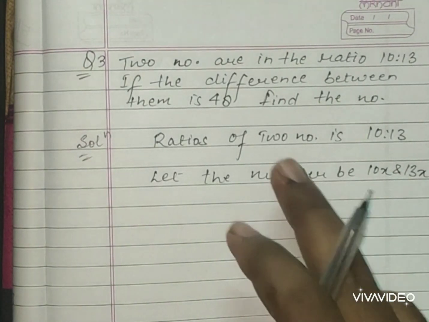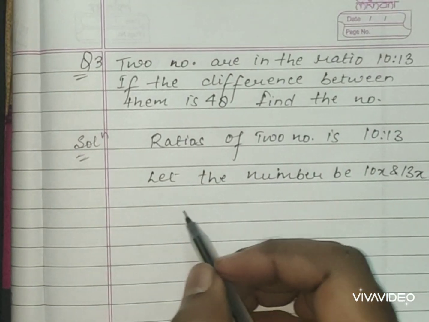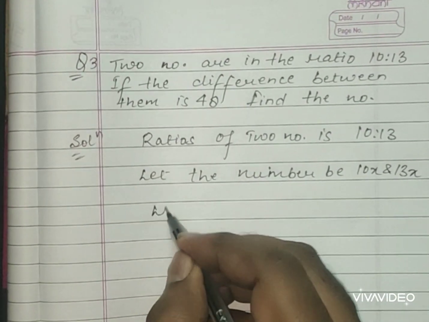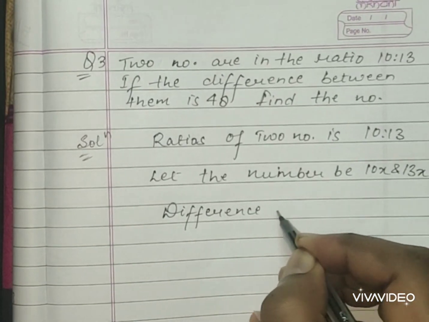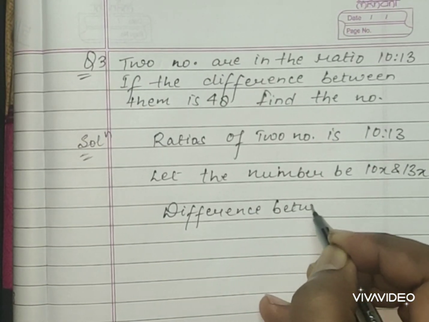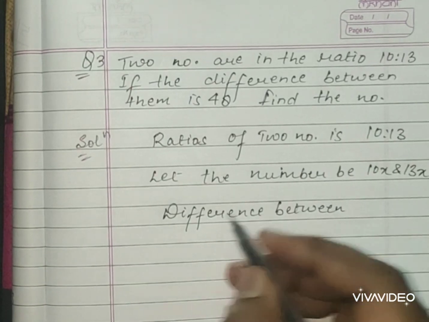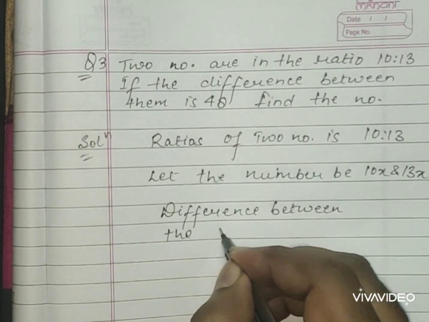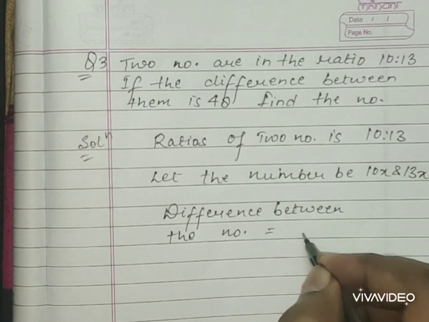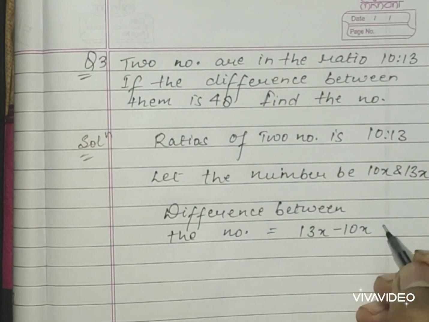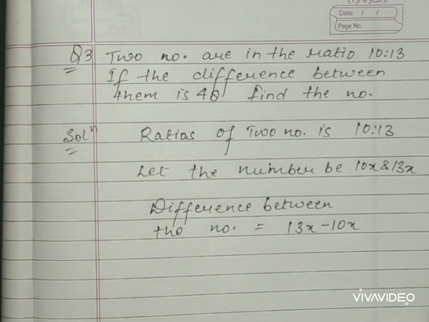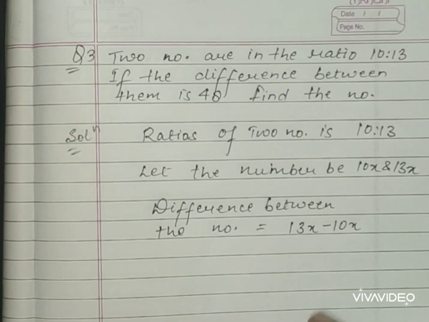Okay, so the difference between the numbers is equals to 13x minus 10x, because from the bigger one the smaller one can be subtracted.